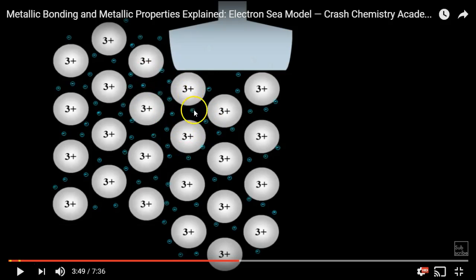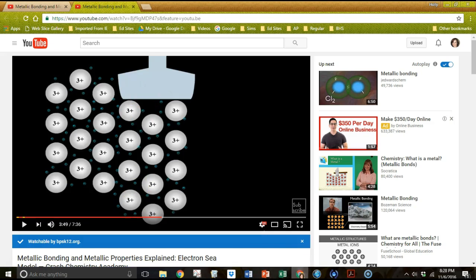There's not all of a sudden any difference in this structure versus what we saw with the ionic, where the like charges were lined up and that caused parts to repel apart. So it's because of this uniqueness to the way the metal cations are being held together with their valence electrons that allows them to be reshaped without breaking apart like we saw with the ionic solid. All right, get out of that.